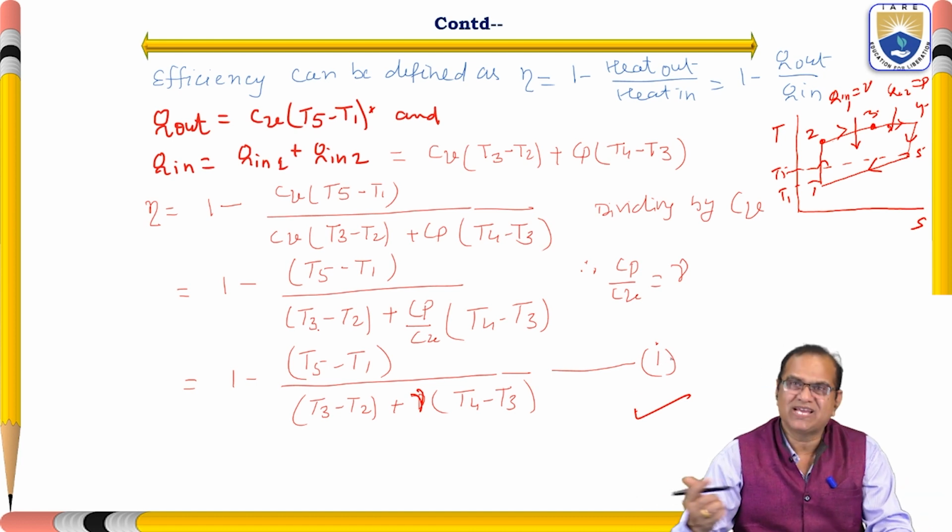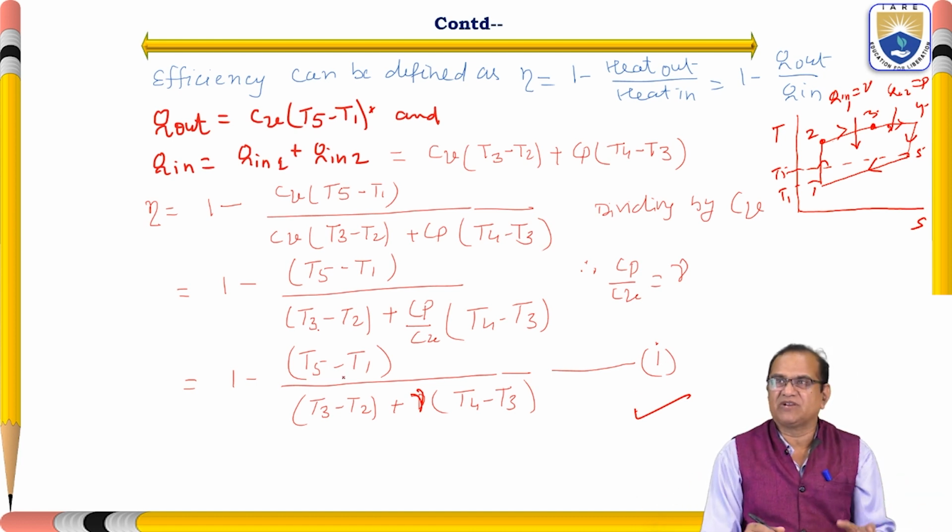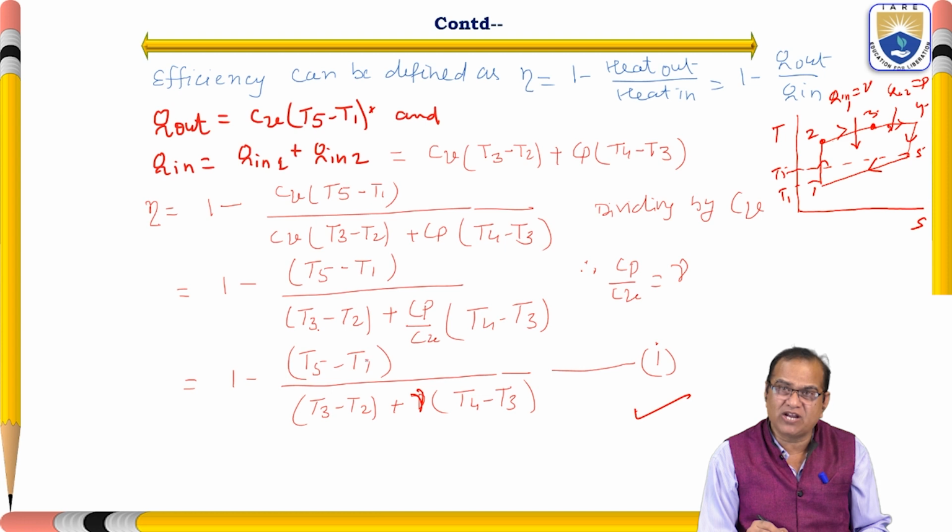Now here we can see that we have the temperature for each point starting from 1, 2, 3, 4 and 5. So we have to find out all the temperatures with respect to T1.